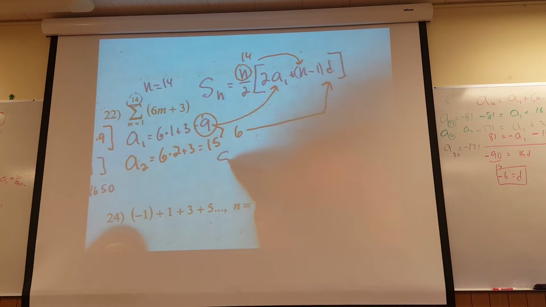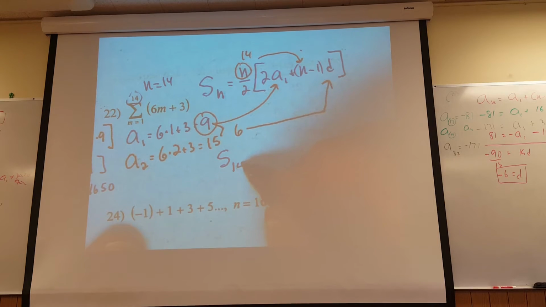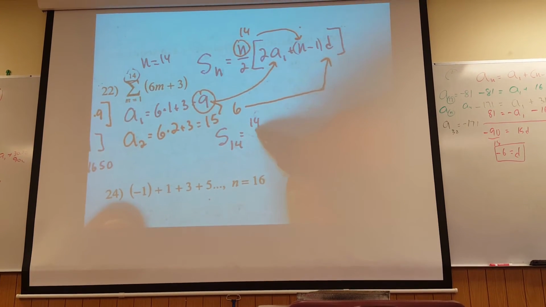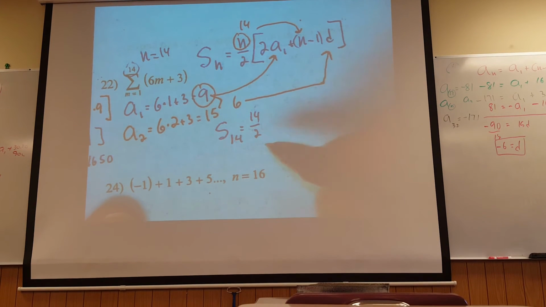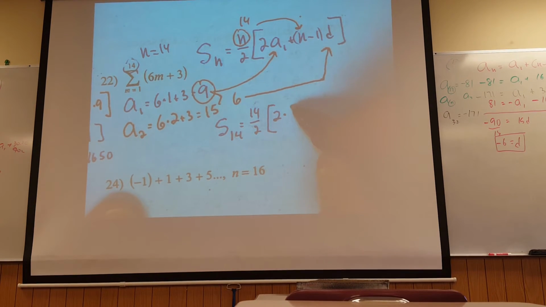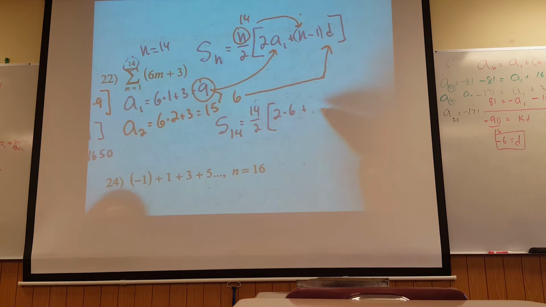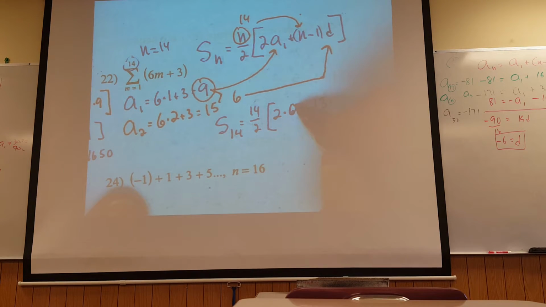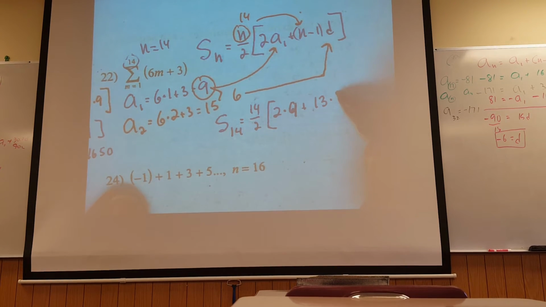So the sum of 14 terms right here is going to be 14 over 2. You could just write 7. 2 times 9 plus 13 times, and the difference was 6, right?